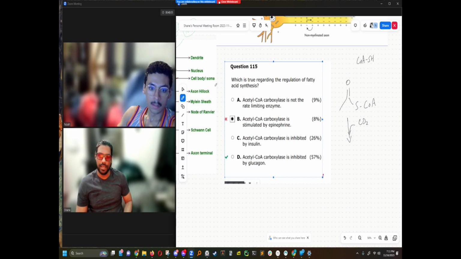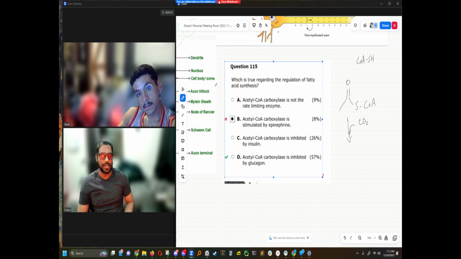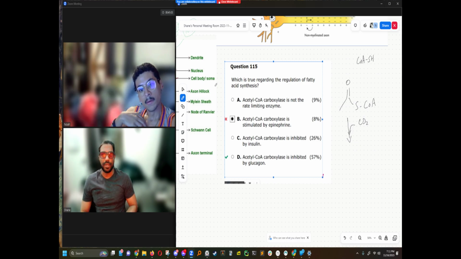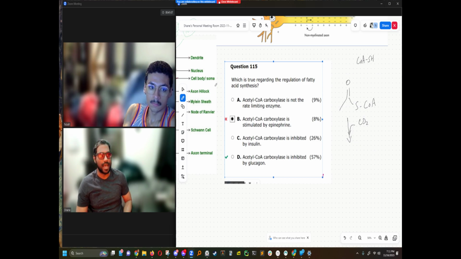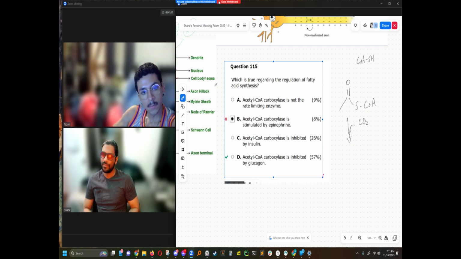So, now let's think about what happens when we take the acetyl CoA here and have a carboxylase act on it. What do you think would happen? Basically, we need to add the CO2 to the acetyl CoA. Okay. So what is it exactly you're asking?